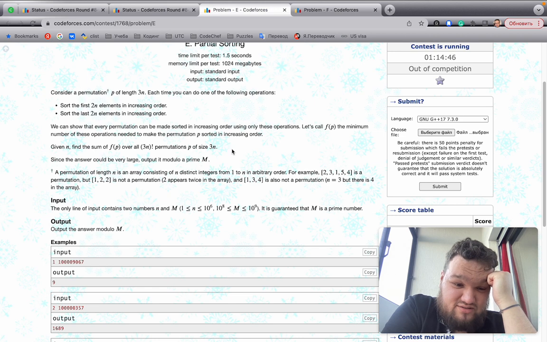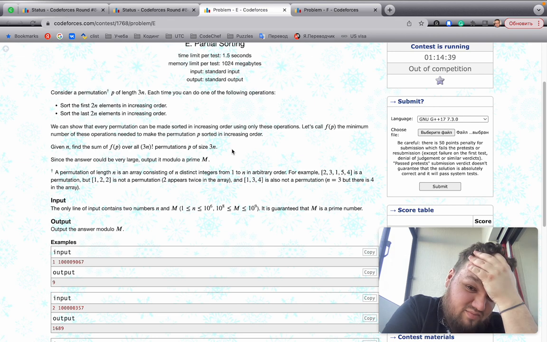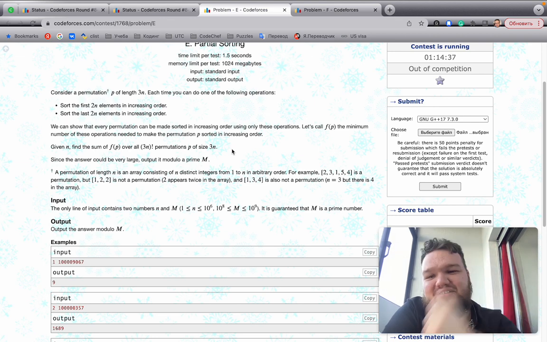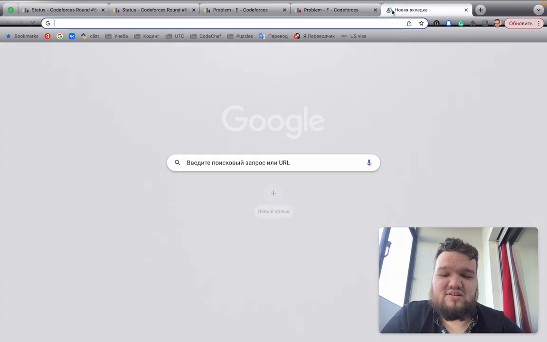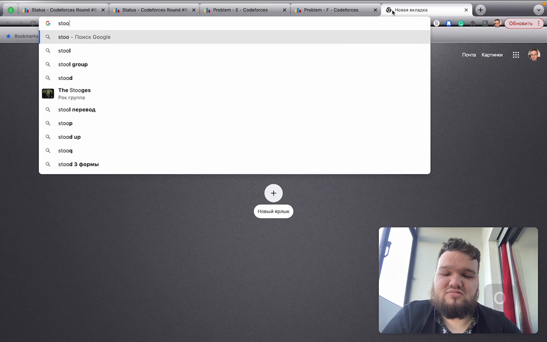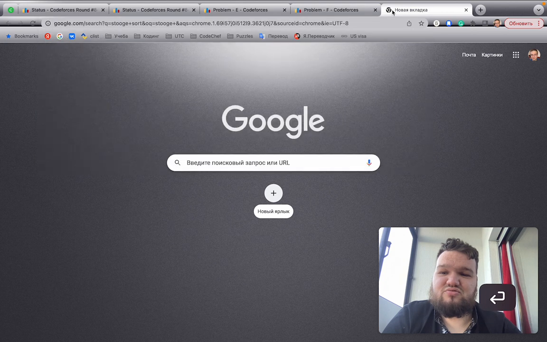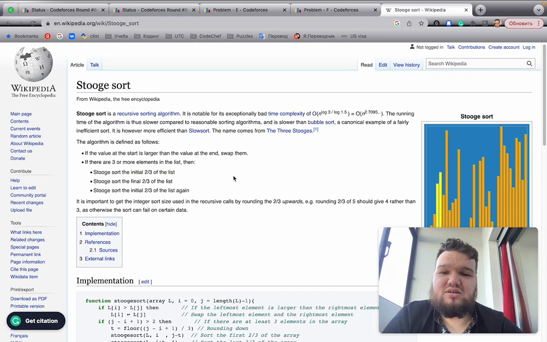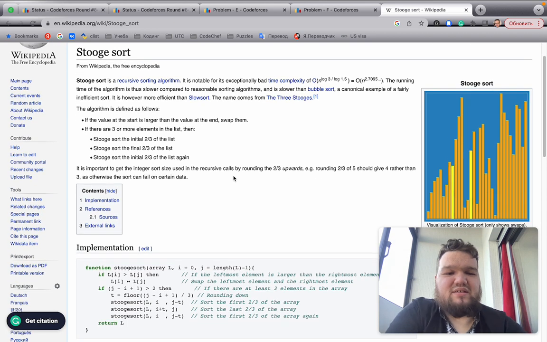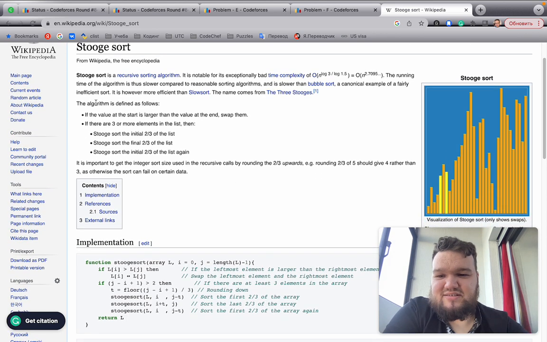Okay, so this is a problem about a kind of esoteric sorting algorithm. I think it's called Stooge sort. Let's try to Google it. Yeah, so you can see that the algorithm works like this.